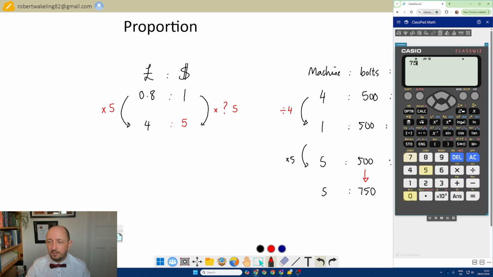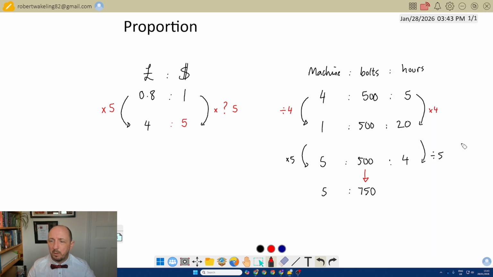So 750 divided by 500 is 1.5. So it's times 1.5. Would the time taken to make those extra bolts be longer or shorter? Well, in this case, the time would increase. So times 1.5. 4 times 1.5 is 6.